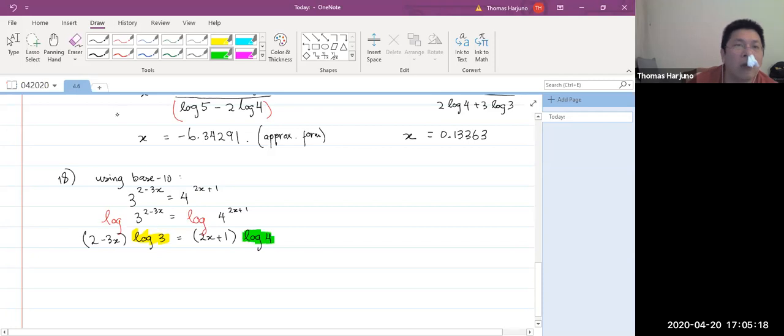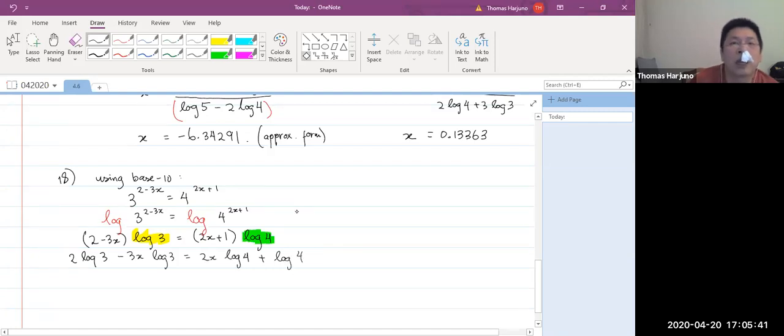So I will just leave them like that. We know they are constants. I will distribute that constant, so I get 2 log 3 minus 3x log 3 equals 2x log 4 plus log 4.